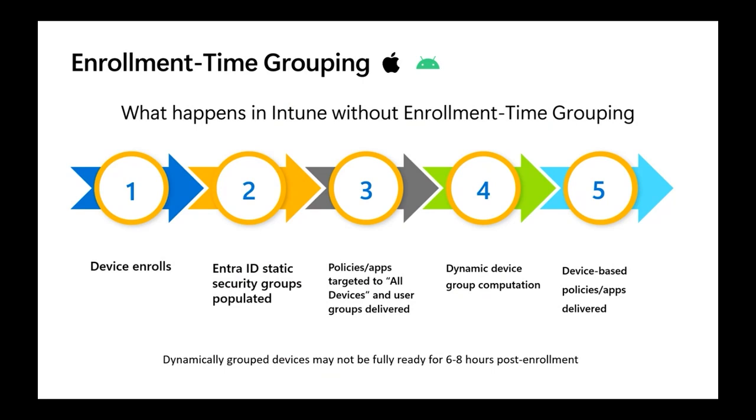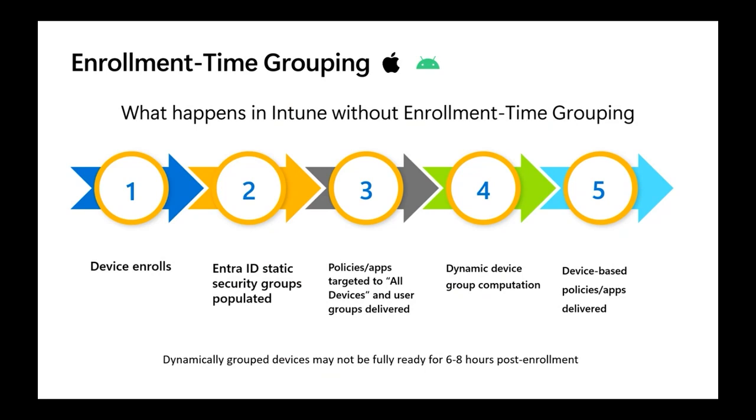Next, I want to talk about a feature that we're pretty excited about that has been in preview called enrollment time grouping. So what I just showed you, that device staging feature set, is for devices that have user affinity. But in a lot of cases with shared devices, you're going to have devices that do not have that user affiliation.